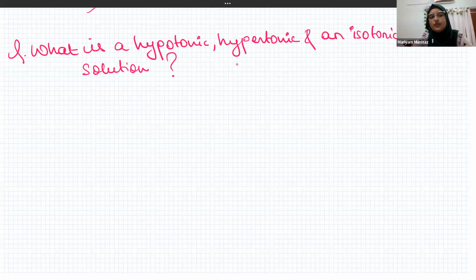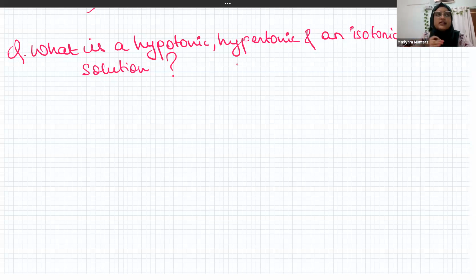So you told me that the solute concentration of the external environment is higher. So what about the water situation there? If the solute concentration is high in the external environment, what about the solvent?